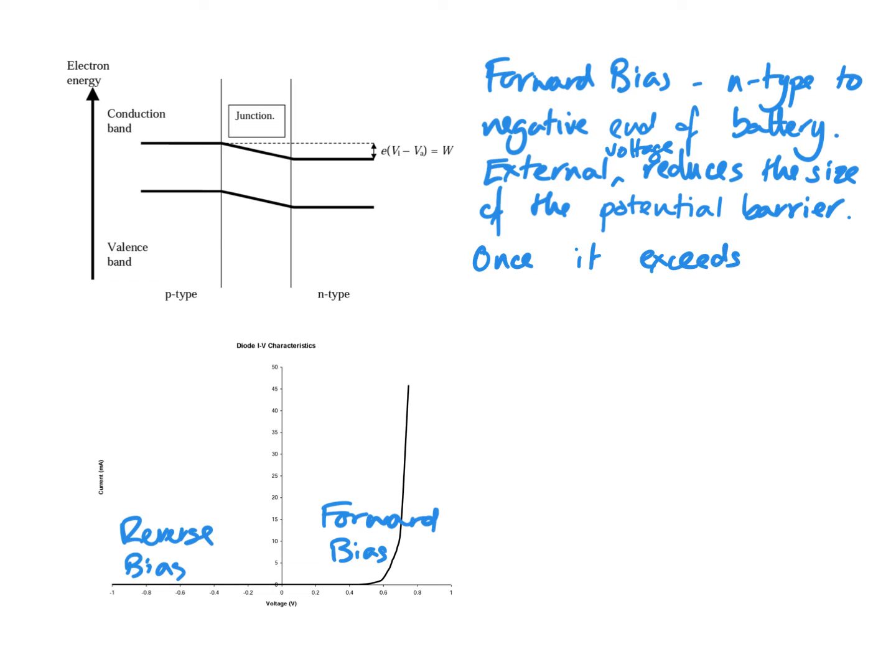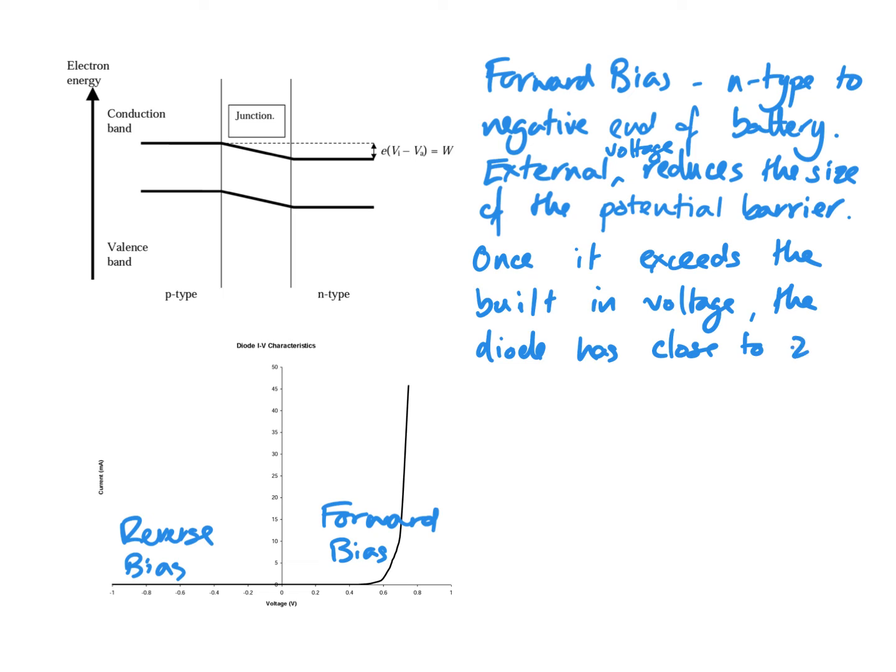Once it exceeds the built-in voltage, the diode has close to 0 resistance, so you can get larger current flowing.